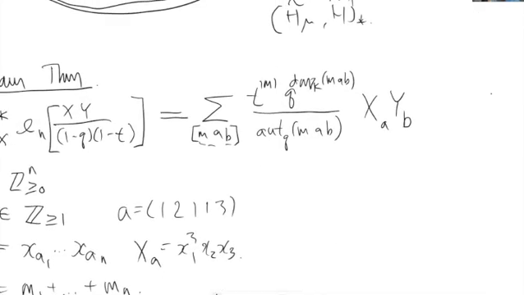So this is over just those left cosets. The next thing I've got is this DIN statistic, and then I have this automorphism factor.